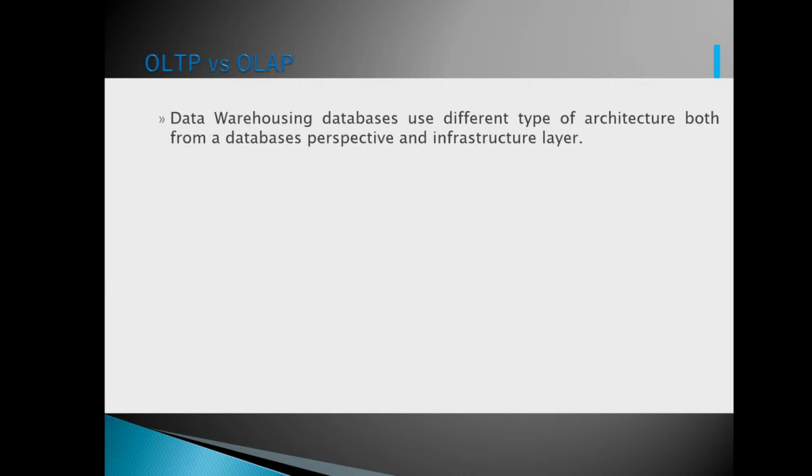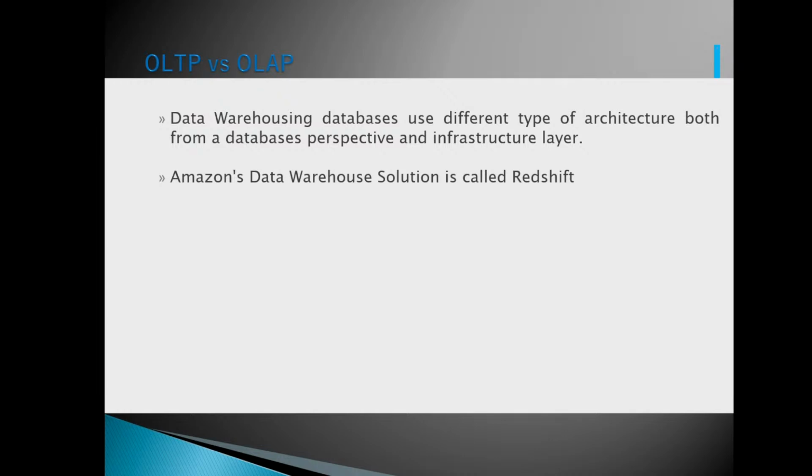So in Amazon, OLTP is RDS, and OLAP is Redshift, data warehousing. Data warehousing is categorized under OLAP, and Amazon provides Redshift as an OLAP database. Data warehousing databases have a different type of architecture, both from the database perspective and the infra layer perspective.